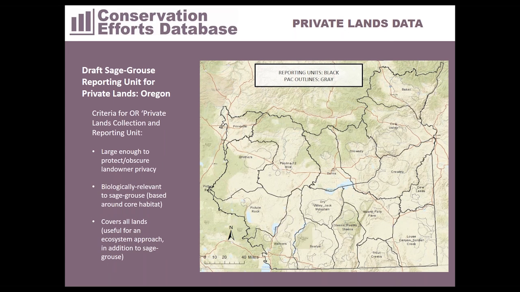The black lines are akin to about a HUC 8 watershed. Stakeholders in Oregon have worked together to review those polygon boundaries to make sure they're comfortable with them. They're large enough to obscure private landowner location, they're biologically relevant to sage grouse, and they cover all lands. And so here you're seeing that.